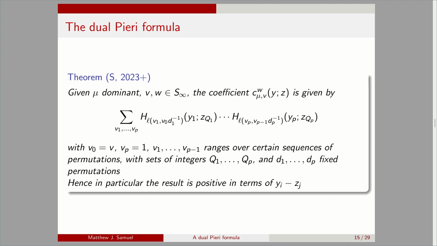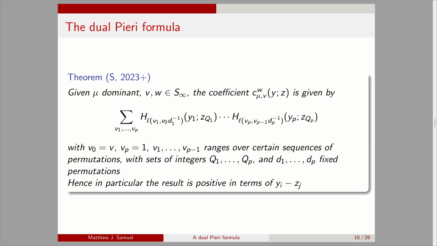Given mu dominant and v, w in S_infinity, the coefficient c^mu_{v,w}(y,z) is equal to a sum over some permutations v_1 through v_p of a product of p of these h polynomials, where the z variables have indices in sets q_1 through q_p, and the degree of the factorial complete symmetric polynomial is the difference in the lengths of v_i and v_{i-1} times d_i inverse, where d_1 through d_p are fixed permutations.